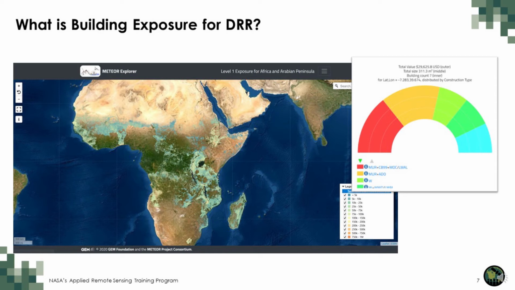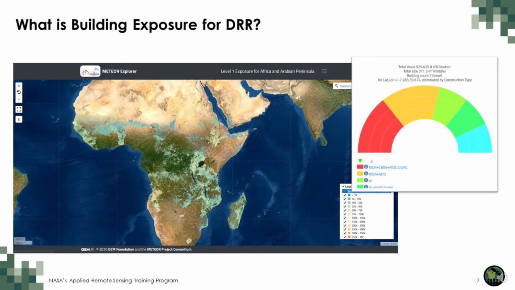And for each grid cell there, if you click on it, you get the answers up here on the right, which is essentially what the value of the exposed buildings are in dollars, what the area is in square meters, what the building count is, of course, what the location is, and then how those assets, those buildings, break out by construction type.